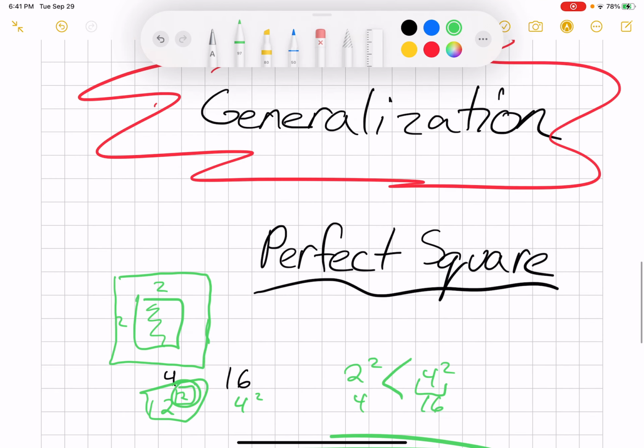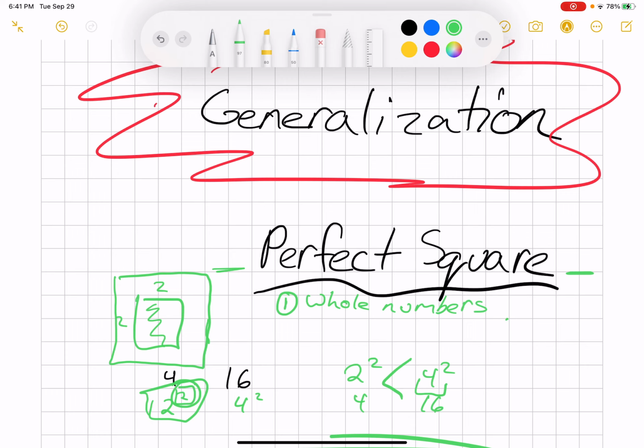So our generalization about perfect squares, okay, just knowing everything that we know about them, what kind of rule can we say, or what kind of definition can we give to a perfect square? So number 1, they're whole numbers, right?